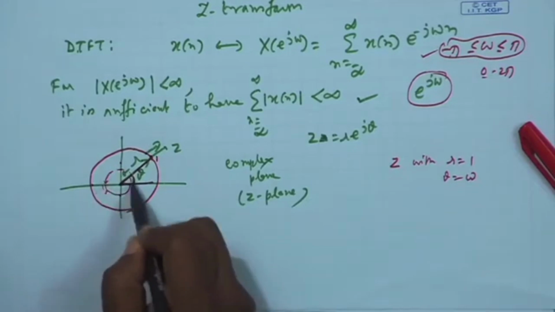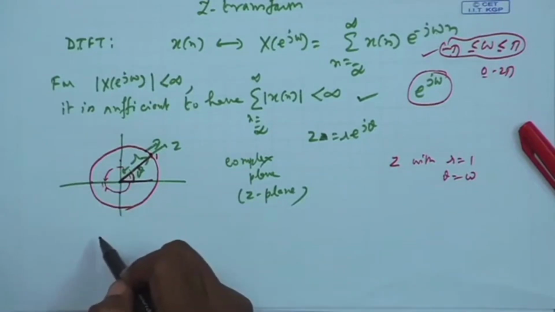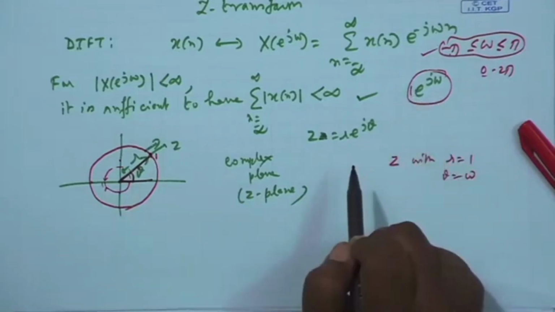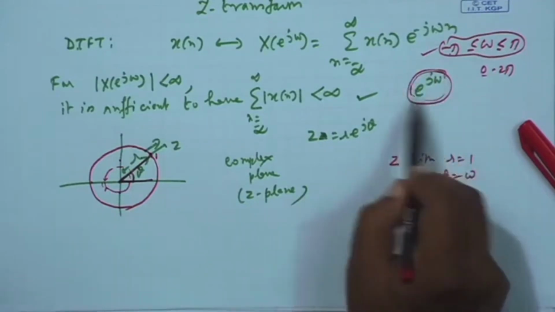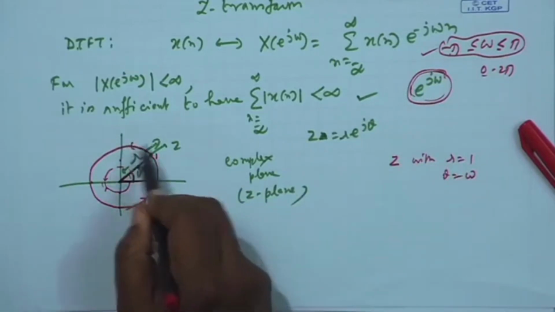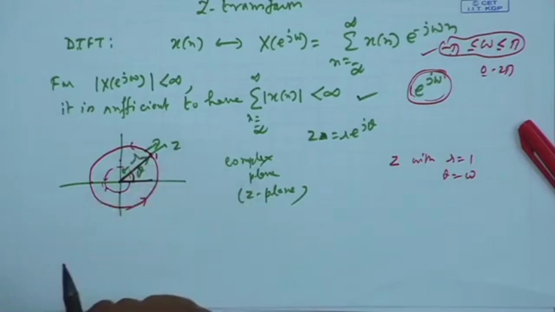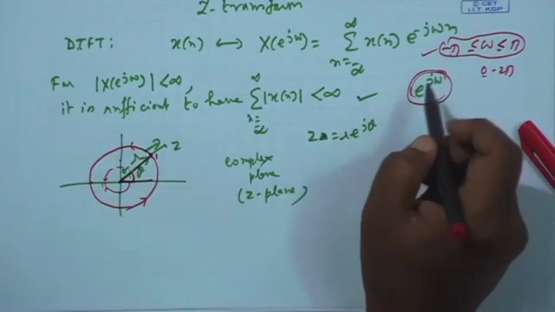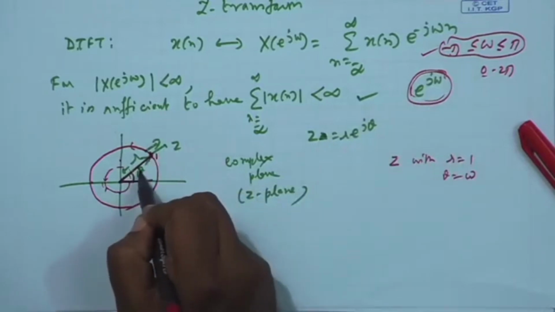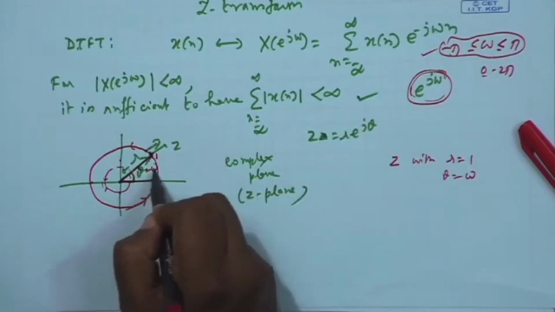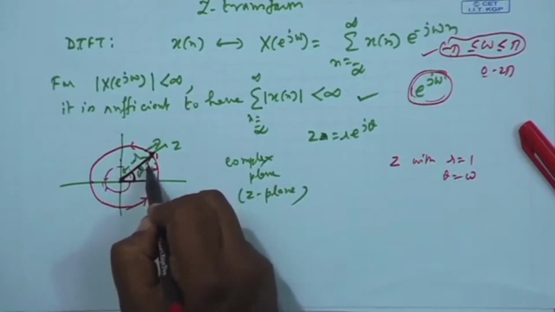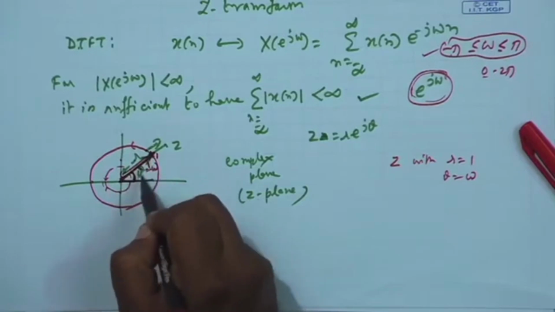So, it covers 360 degrees, a range of 2 pi, but magnitude remains always 1. So, as omega changes in the Z plane, I am moving on a circle, we call it the unit circle, because radius is 1. Suppose this theta is now omega, this much omega. So, this is your Z now, r is 1, so you are here.